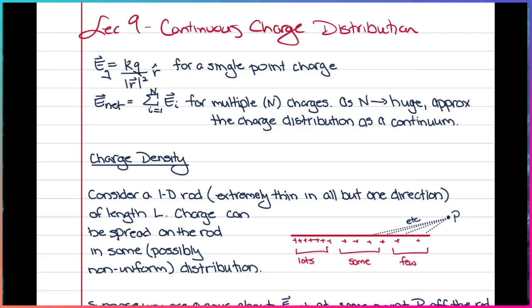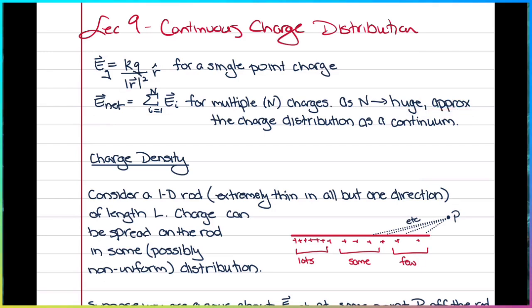And if you have 2 or 3 point charges, that's not too bad. But when you have 100, 1,000, 10 to the 6, you probably do not want to brute force start adding up each of those individually. We have to start thinking about what we might be able to do, particularly as n gets huge, in this case, where you have 10 to the 6 charges or 10 to the 20 charges.